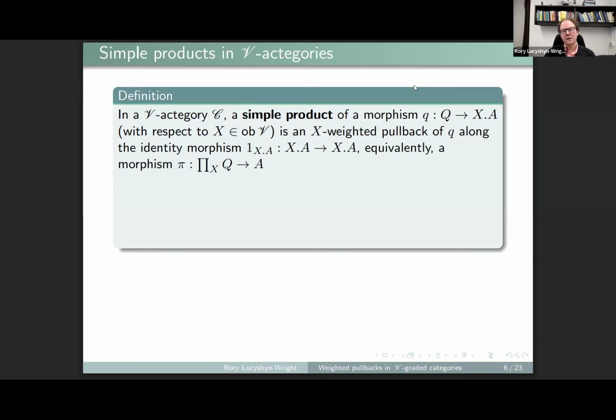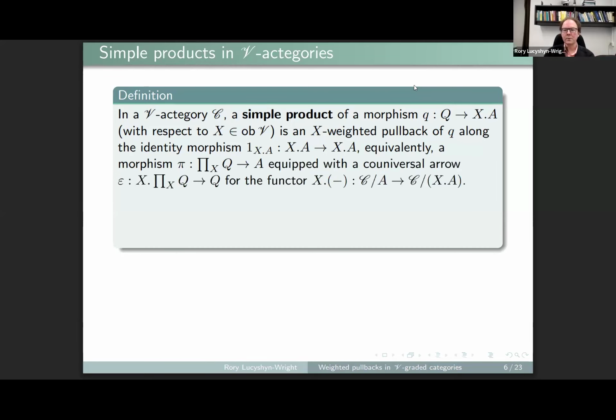So this is equivalently a morphism pi from an object capital Pi_X of Q, we're introducing this notation here, generalizing the concept that we'd seen earlier, a morphism down to A, equipped with a co-universal arrow of the following form.